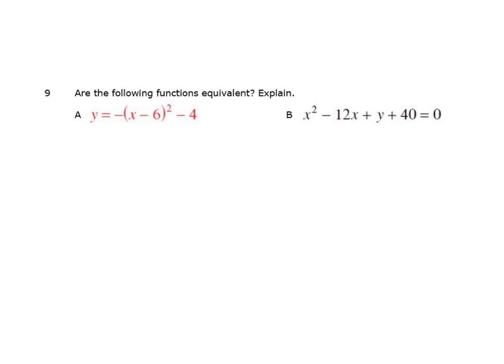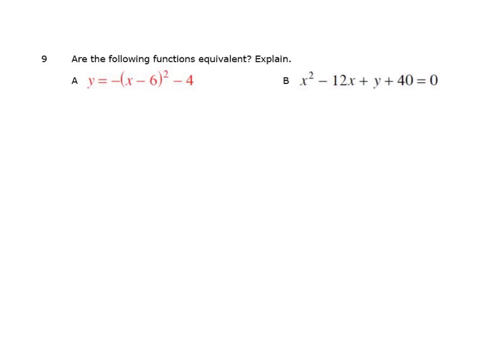On question number 9, when you get this test question on tomorrow's test, everything's already going to be in y = form. So you could technically just type both equations into the calculator to see which ones are equivalent. For those of you who want the algebraic method, I would write both of these in standard form.